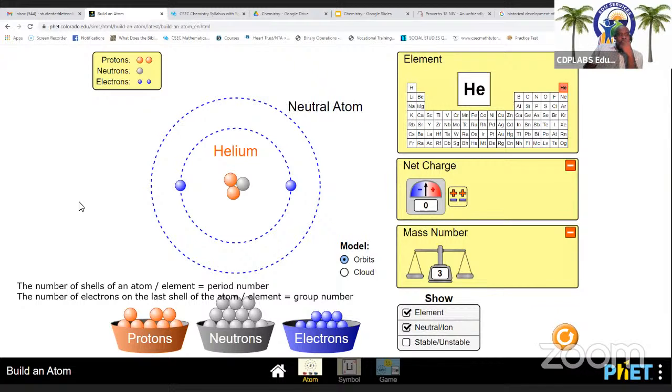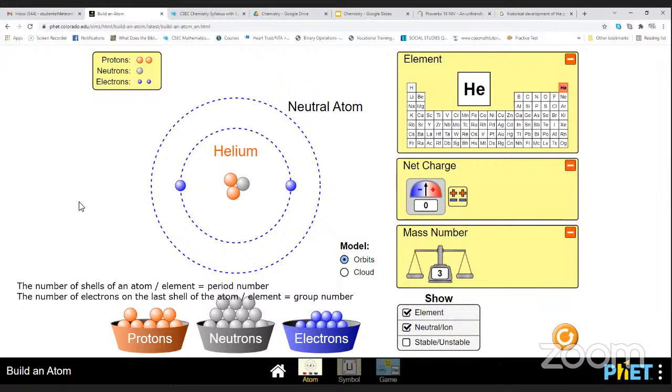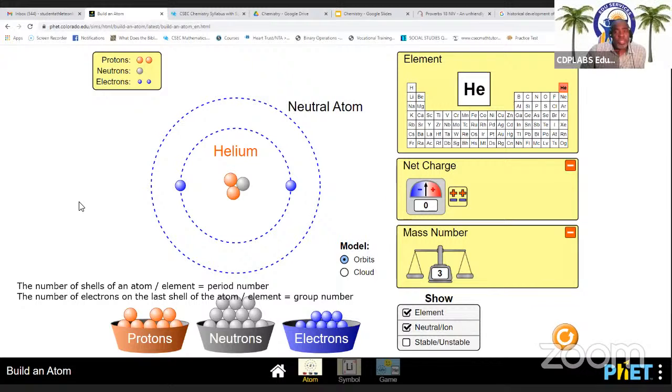Which period is it in? Try it, you have to try it. How many shells does helium have? 1 shell, 2 electrons. So if it has 1 shell, then the period number for helium is what? 1, right?